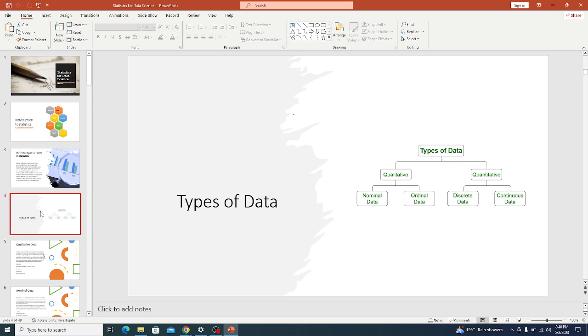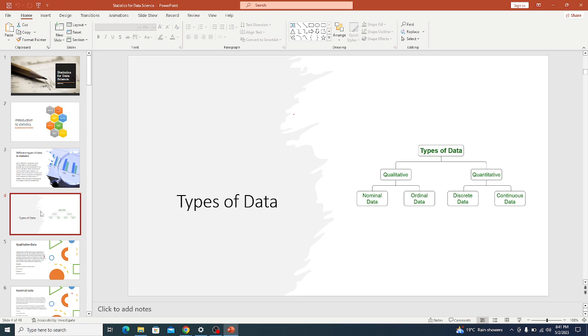In statistics, data types are subdivided into two major categories, qualitative and quantitative. Let's start with quantitative.